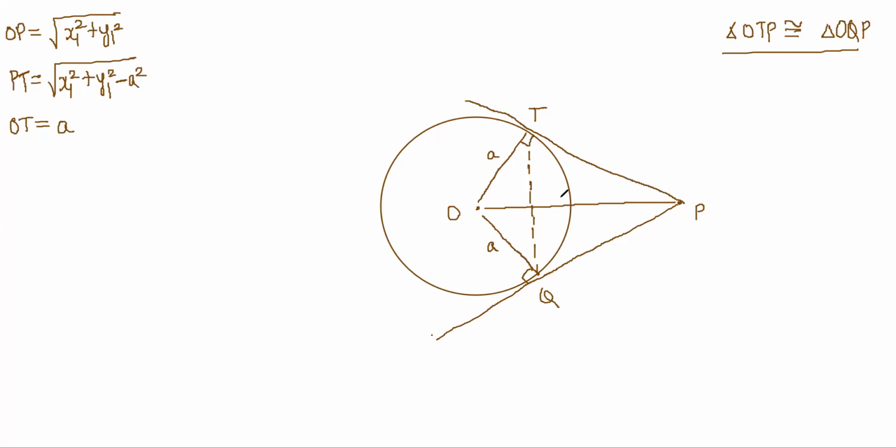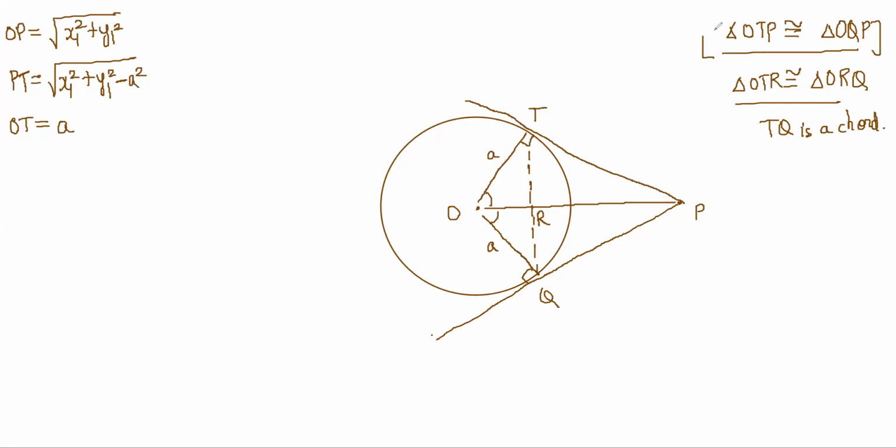Now you can also prove that if you label it as R, triangle OTR is also congruent to triangle ORQ. Why? Because TQ is a chord, and a line from the center divides it, but that has to be perpendicular. So first we have to prove that this angle is the same as this angle because of the first congruency.